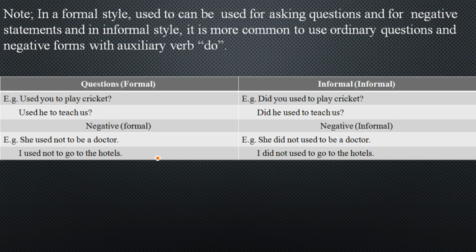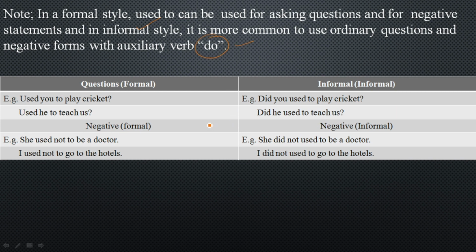Now we will discuss some important points about the modal auxiliary verb used to. In a formal style, used to can be used for asking questions and for negative statements, and in informal style it is more common to use ordinary questions and negative forms with the auxiliary verb do.